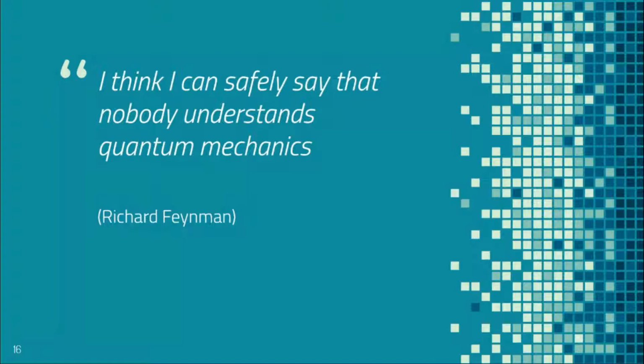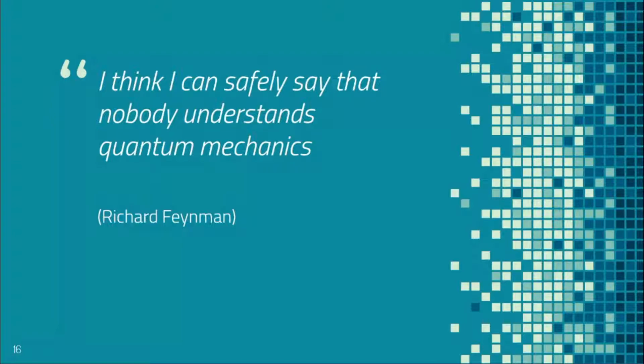And lo and behold, Peter Shor, the Peter Shor who discovered the quantum computing algorithm for breaking RSA encryption, responds to my comment and says, "Nobody understands how computers work." Which, to get that from one of the leading experts in quantum computation, if he doesn't think people understand how computers work, I don't think anyone understands how computers work.